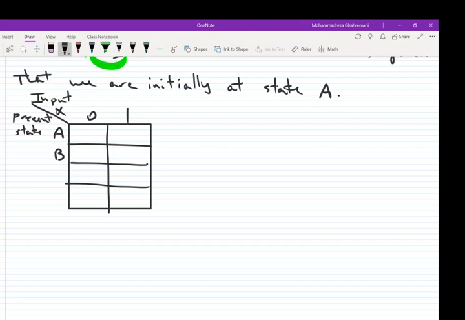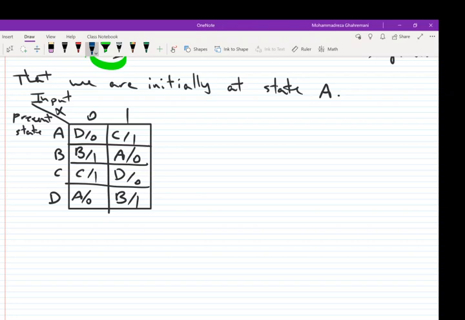States are, we just call them A, B, C, D, and the entries are D0, C1, B1, A0, C1, D0, A0, B1. Okay, so here is the problem and we need to solve it.